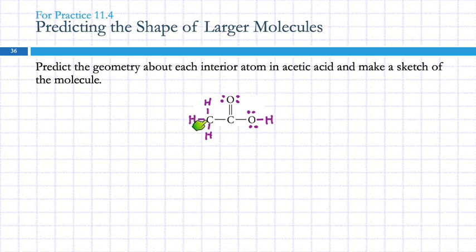So this first carbon, how many groups does it have? 4. 4 single bonds. 4 balloons make a tetrahedron. Are there any lone pairs? No. So that one is a tetrahedron.